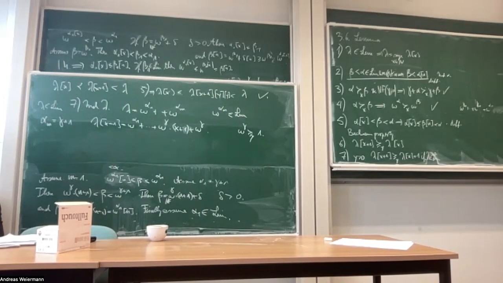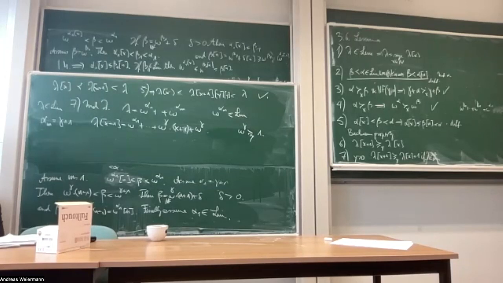So if gamma is a limit, I step down to omega to the gamma of y. Induction hypothesis, I'm done. If gamma is the successor, then omega to the gamma steps down at y. So it goes to, if gamma is the successor, it goes to y, omega to the gamma times y plus 2. And then one of the omega gammas is at least as big as 1, and so I'm done.